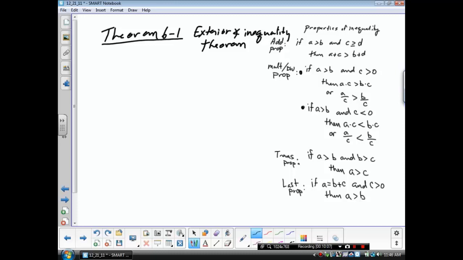What the exterior angle inequality theorem says is the measure of an exterior angle of a triangle is greater than the measures of either remote interior angle.